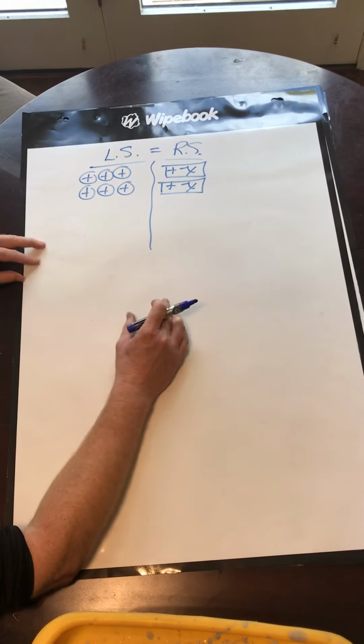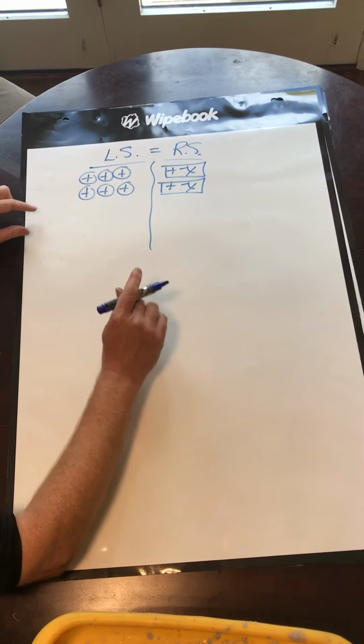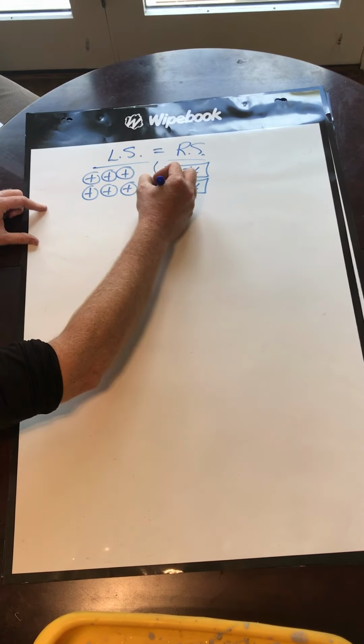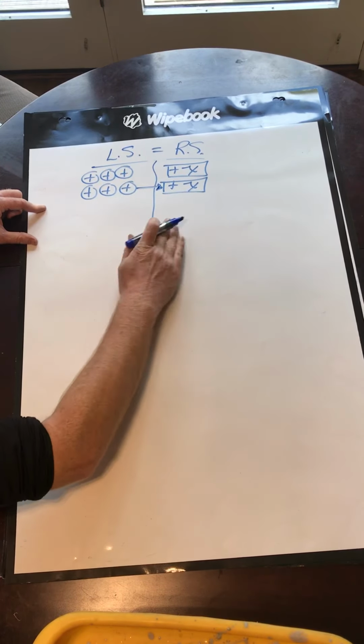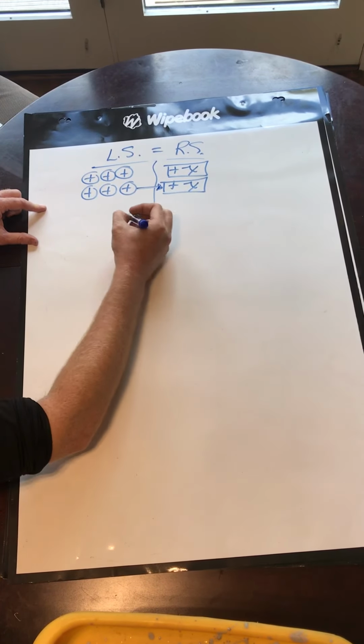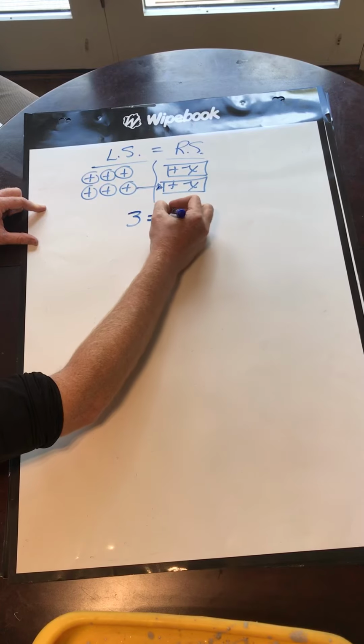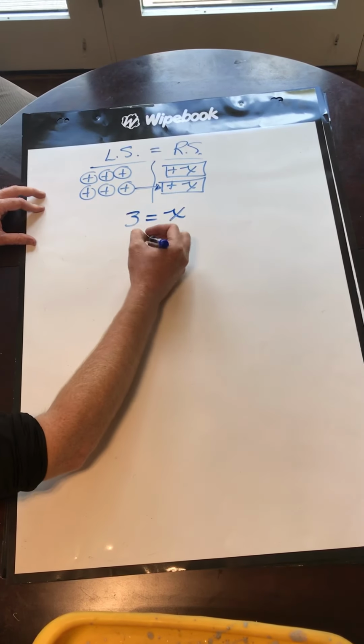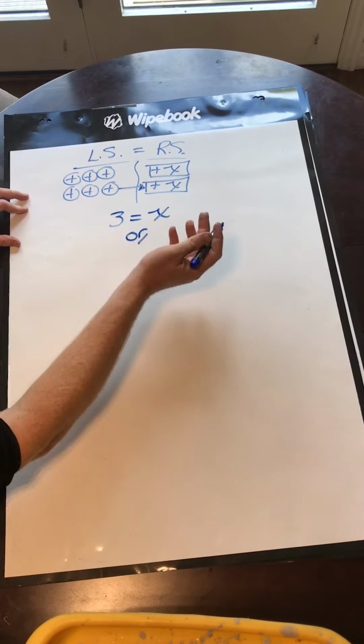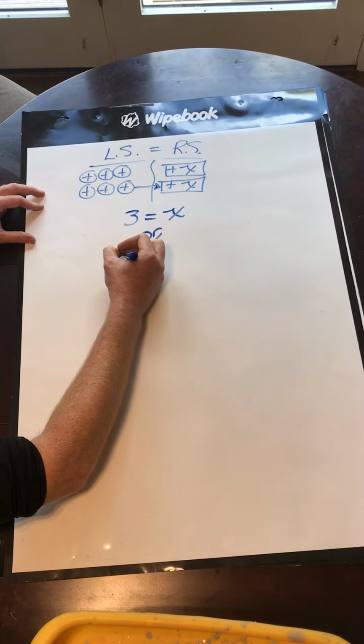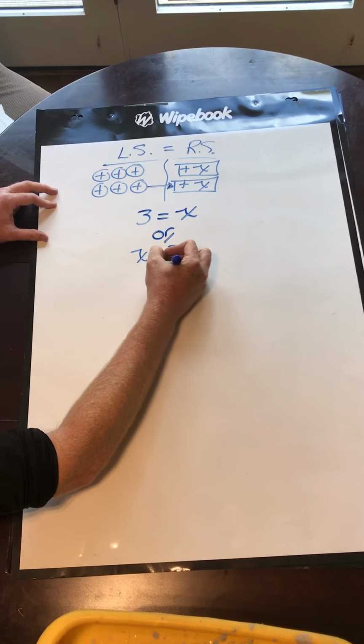And yes, I can, and they're already arranged in that so that we can see that 1x is equal to 3. And it can be written like this: 3 is equal to x, or if you don't like it that way, you can flip it around. X is equal to 3.